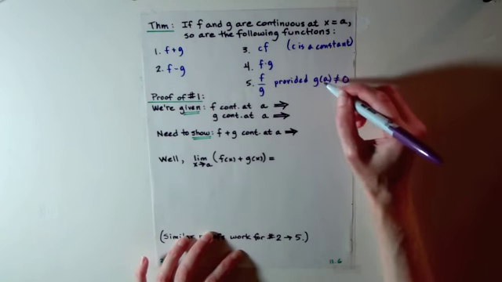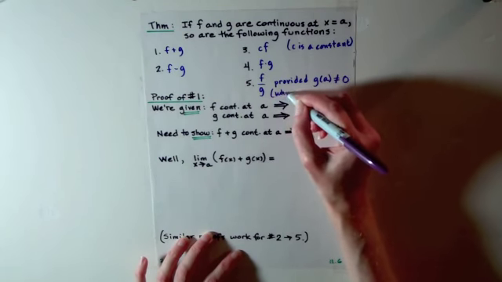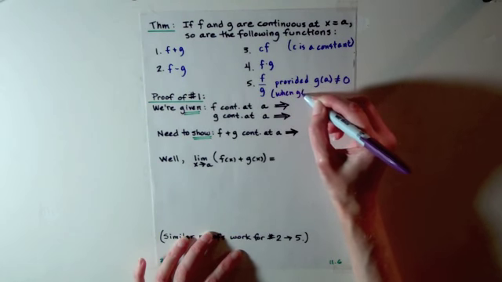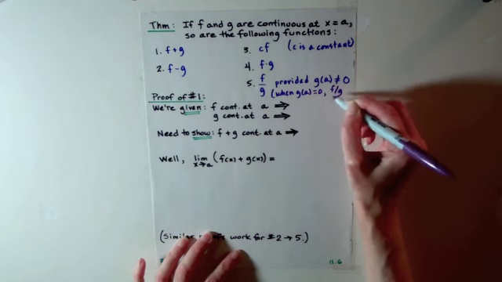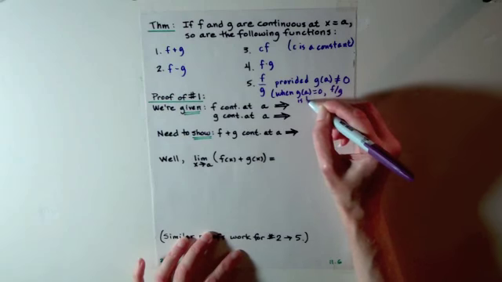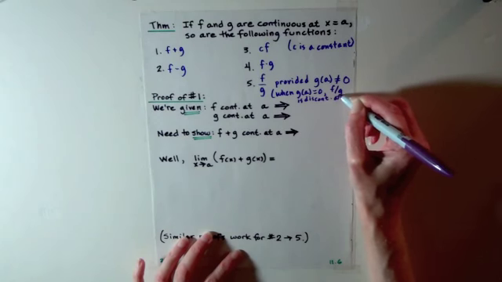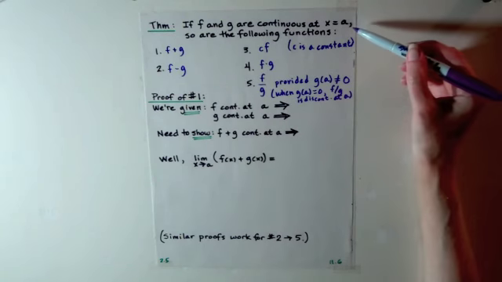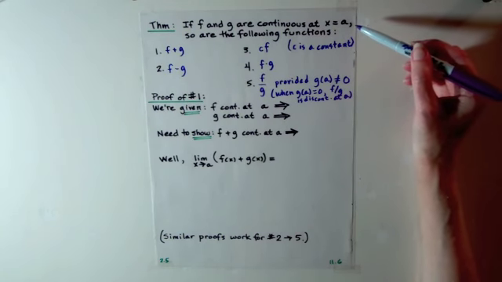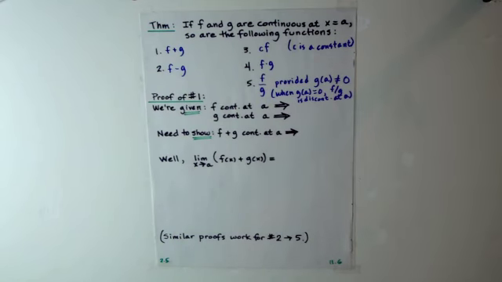And at such a place where g of a equals 0, f over g is discontinuous at a. So f over g will also be continuous at a, except the a values where the denominator ends up being 0, and at those values our function will be discontinuous.